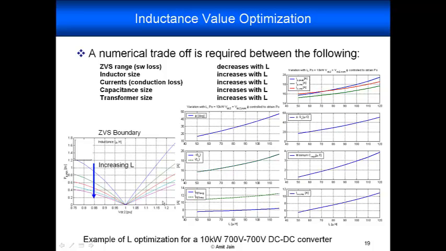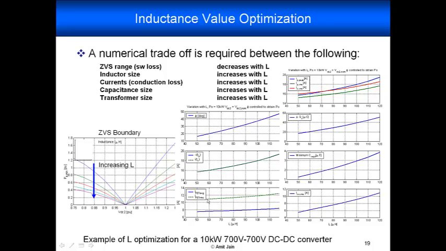These are the typical kinds of curves that you get when you're doing the optimization. These are for a 10 kilowatt design where both the input and output voltages are 700 volt DC. So in this curve you can see that by increasing L we are able to achieve ZVS to lower and lower power transfers.